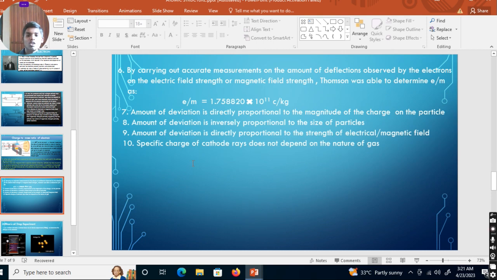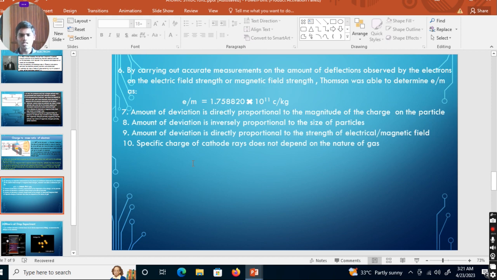By carrying out accurate measurements on the amount of deflections or deviations shown by the cathode ray particles, on the electric field strength or magnetic field strength, Thomson was able to determine the ratio of charge and mass.